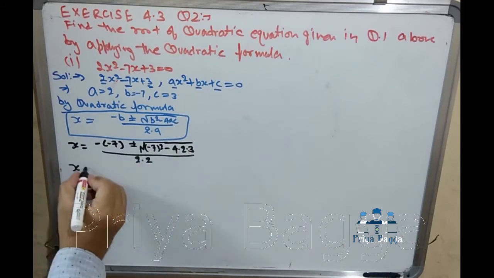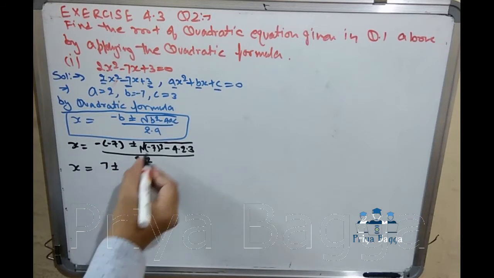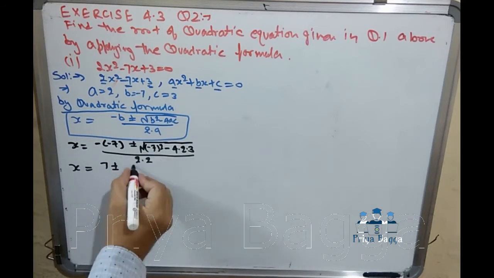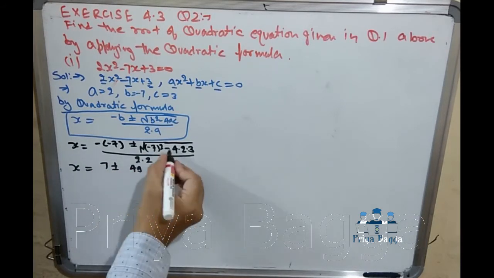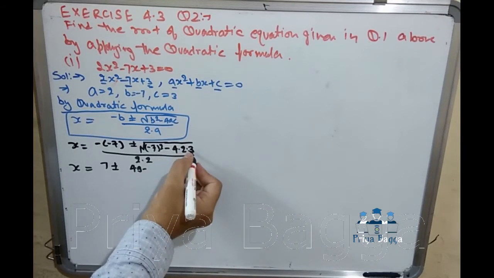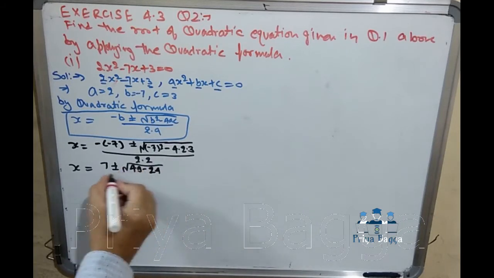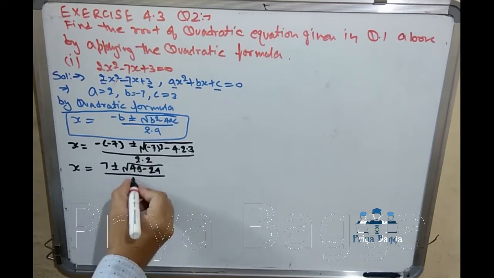So x is equal to, minus into minus will be plus, so plus 7 plus minus square root of minus 7 square will be plus 49, and then minus 4 into 2 is 8, and 8 into 3 is 24, divided by 2 into 2 is 4.